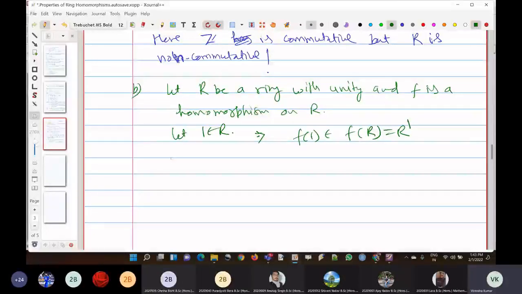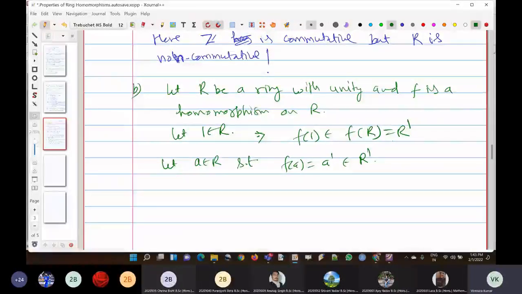We need to prove that f of 1 is a unity of f of R, that is R dash. So let a belong to R such that f of a equals a dash, and a dash belongs to R dash. R dash is nothing but f of R.